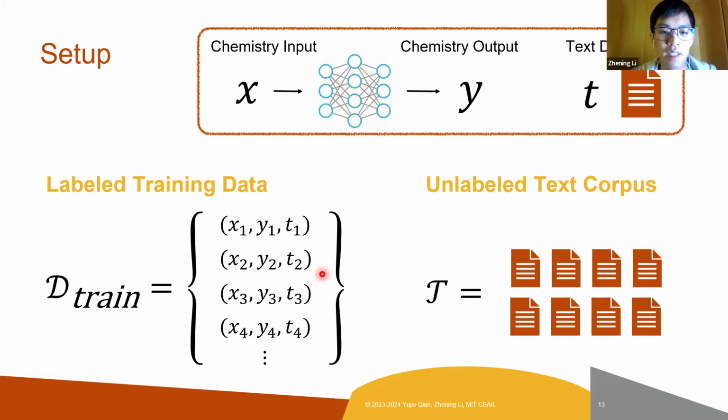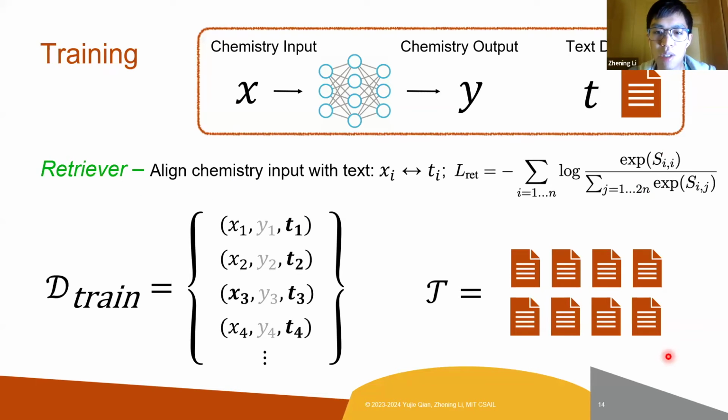And as a result, our labeled training data, instead of just input-output pairs xi and yi, for each such pair, we also have the corresponding text paragraph describing that reaction. So we have many triplets among the labeled training data. And in addition, we have a lot more unlabeled text paragraphs for which we don't have labeled training data.